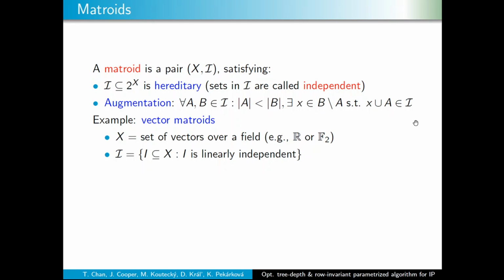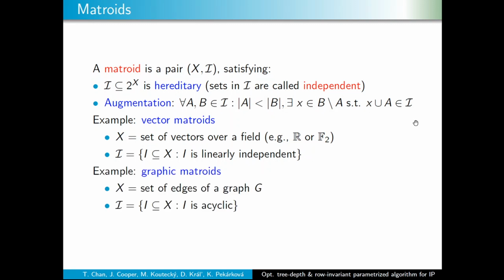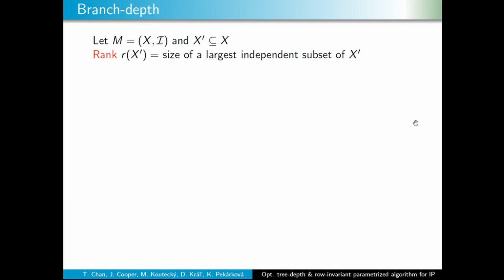These are matroids where X is a finite set of vectors, and I contains subsets of linearly independent vectors in X. We also have graphic matroids, where X is the set of edges of a graph G, and I is the set of all acyclic subsets of edges in G. So it's reasonably easy to see that both of these examples satisfy the hereditary property and augmentation axiom.